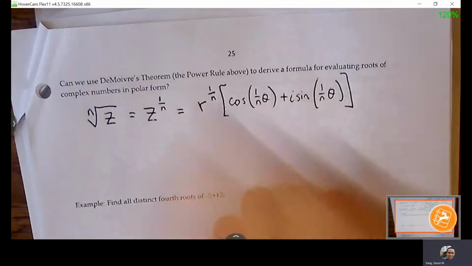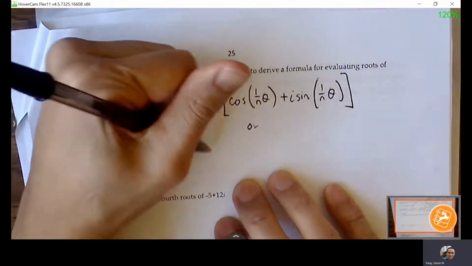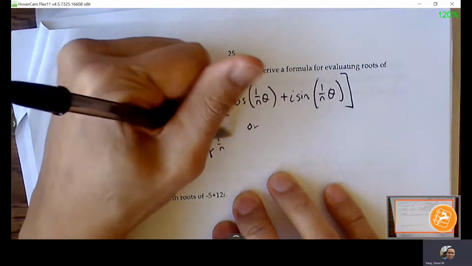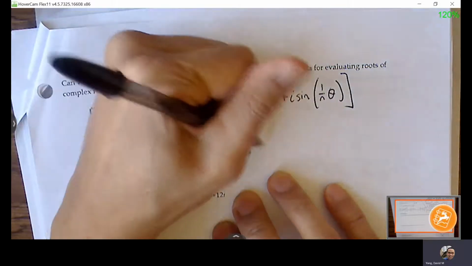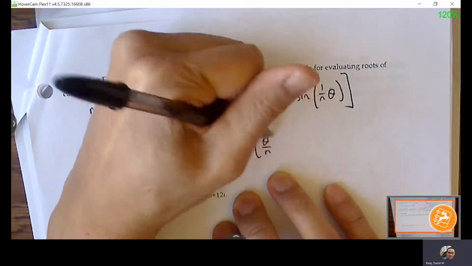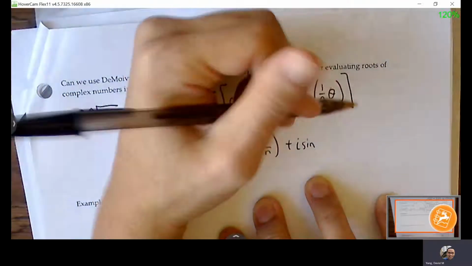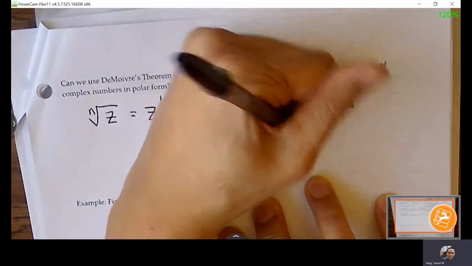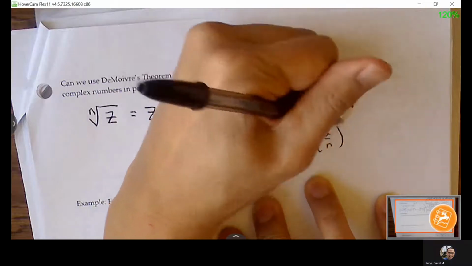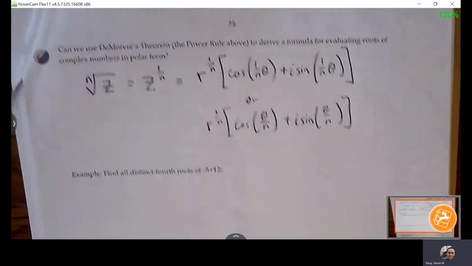Okay, either write it this way or you can have it in the denominator. They're the same, so whichever way you want to do it, they're both fine. Multiplying by a fraction is the same thing as dividing by that number. Whichever your preference.